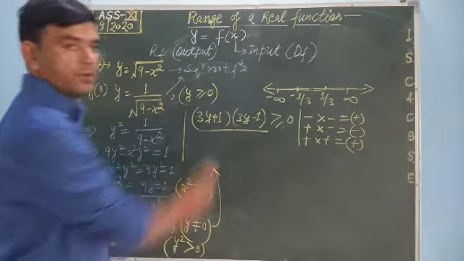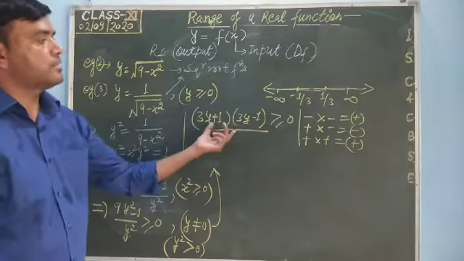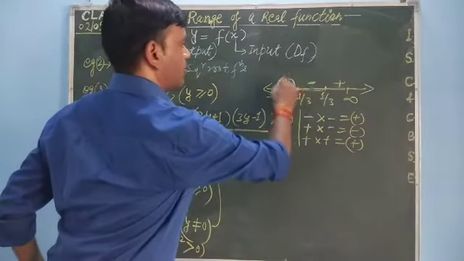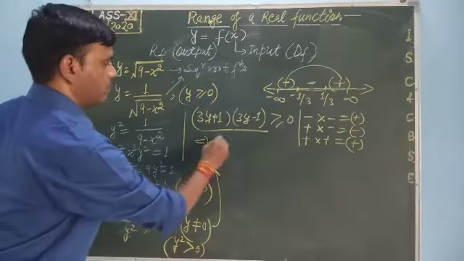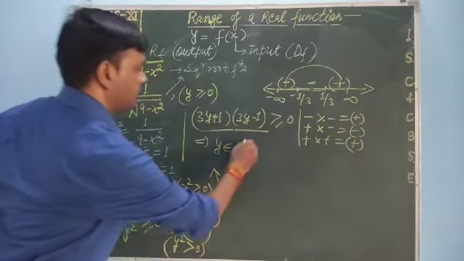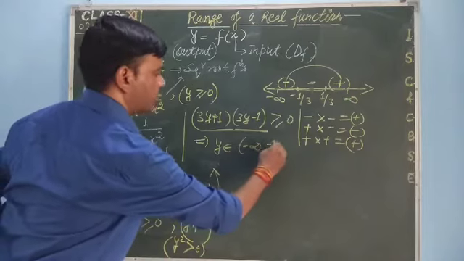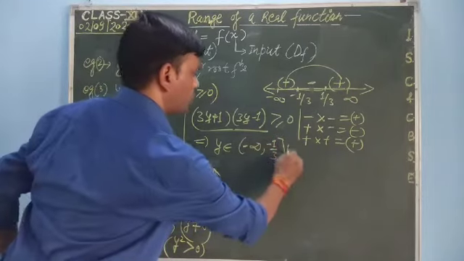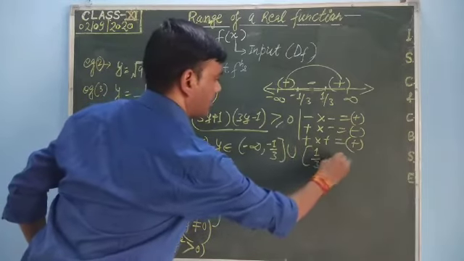So this expression is greater than or equal to 0, positive in the first and last intervals, but negative in the middle. So we have to take these two intervals only. This implies y belongs to minus infinity to minus 1 upon 3, union 1 upon 3 to infinity.